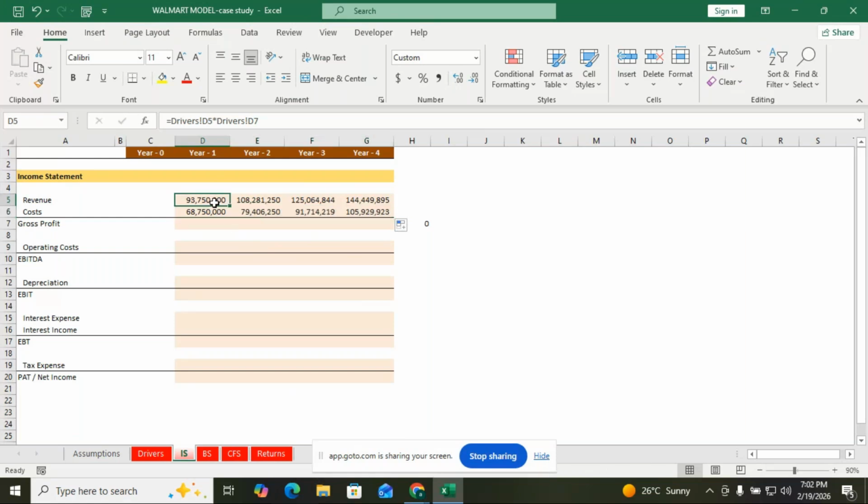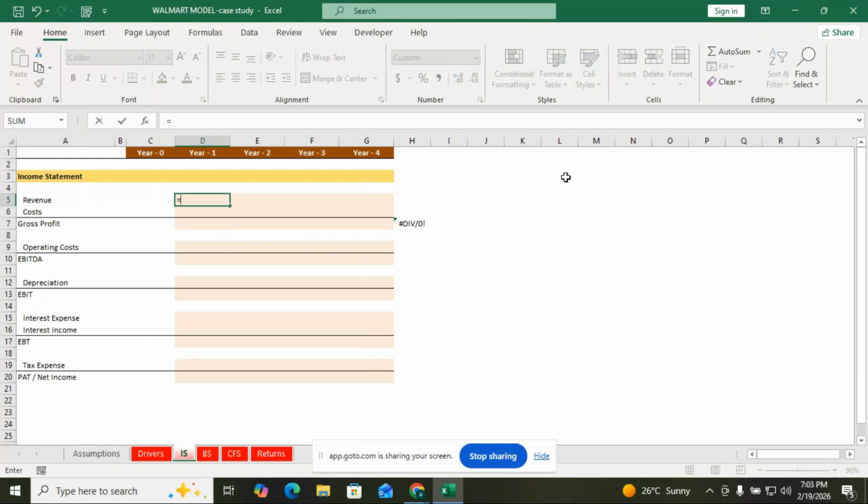I'll repeat again. Please look at the screen. I'll come to the year 1 revenue. Usually the total sales is generated as selling price per unit into number of units sold, correct? So for year 1, equals to, where is my selling price per unit and my volume sold? It is in my drivers only.